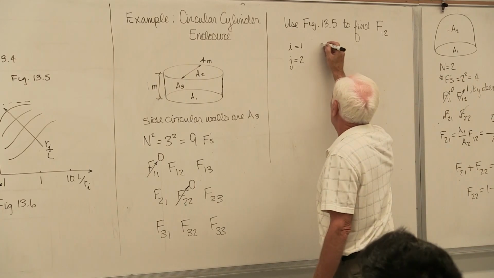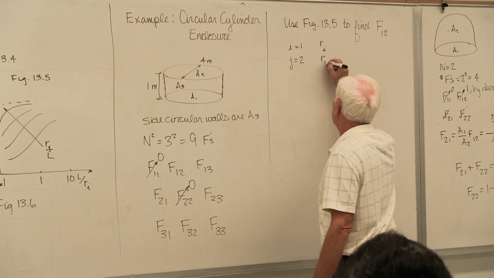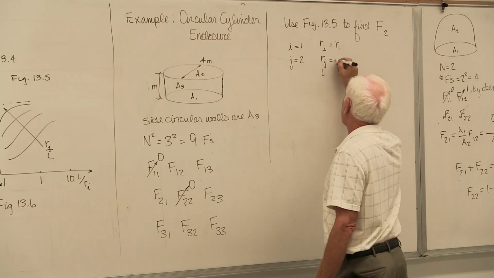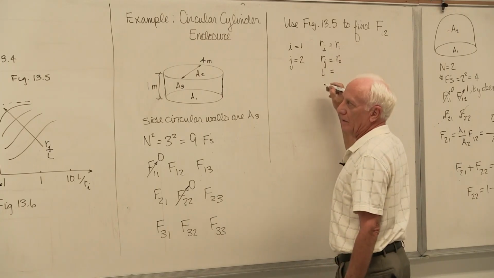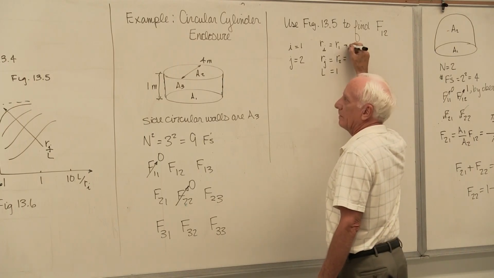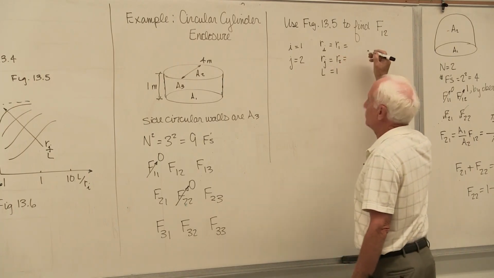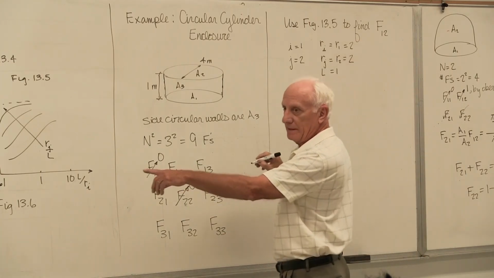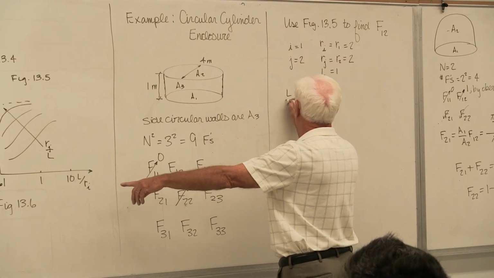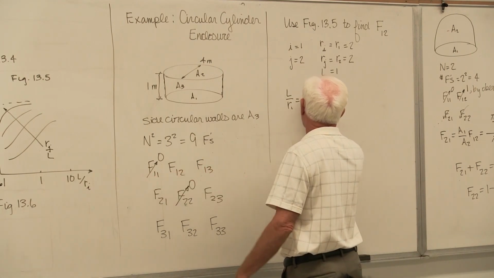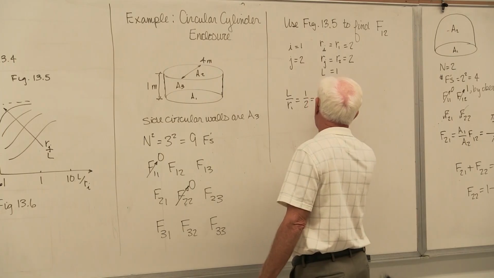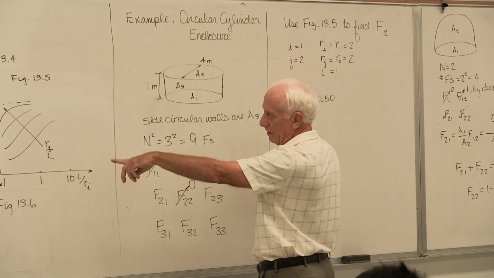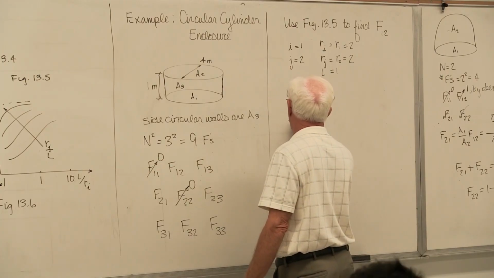So R I, R J, and L. L is 1 meter, the radius 2 for each one. Find the x-axis, L over R1. Find the parametric variable, Rj over L, R2 over L.